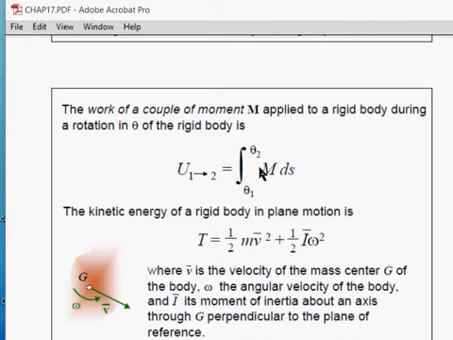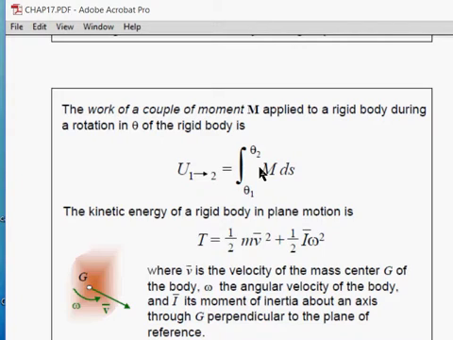The ball follows a parabolic trajectory, the center of mass does. But the ball goes tumbling down around its own axis. So that thing is in plane motion, meaning a combination of translation plus rotation.